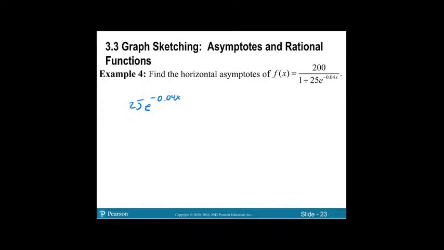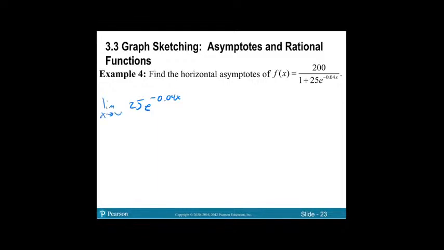If this has a negative exponent, this is like a fraction, so it's 1 over e. Then if we're going off to positive infinity, let me write out this thought process. I'm considering the limit as x goes to positive infinity of this guy here.